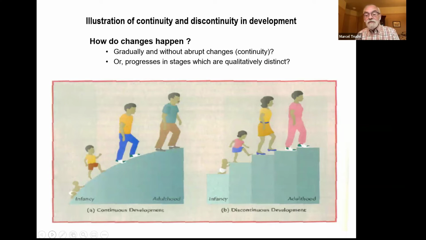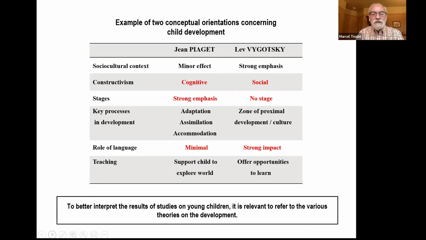So Piaget was in the right picture, and Vygotsky in the left picture, in a sense. And I agree with Piaget. That's step by step, the stages. The next, my dear, is just an example, the contrast between Piaget and Vygotsky, the Russian guy. Sociocultural context has minor effects for Piaget, and that's very important for Vygotsky.